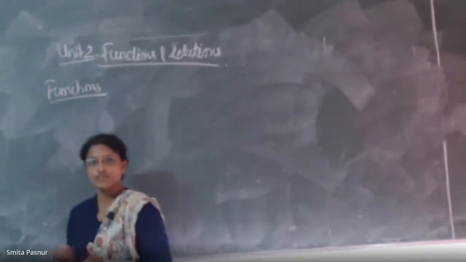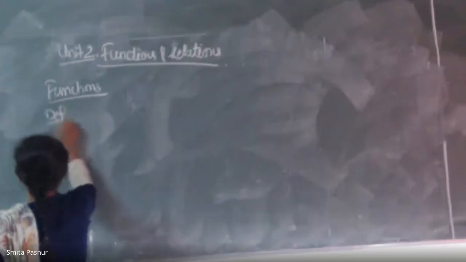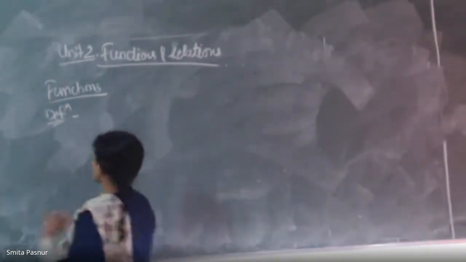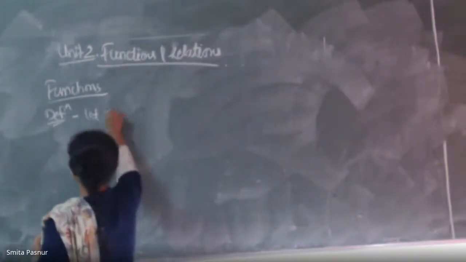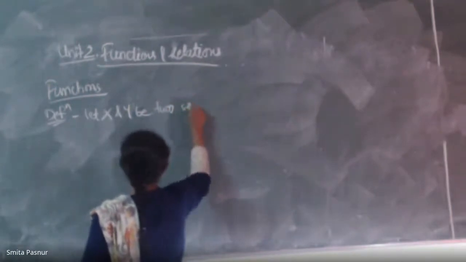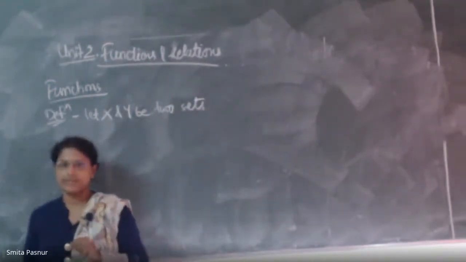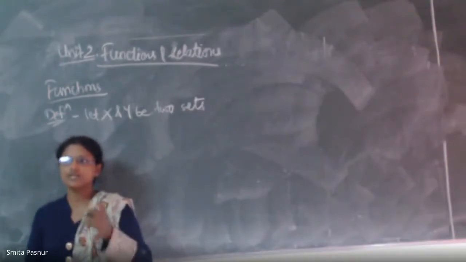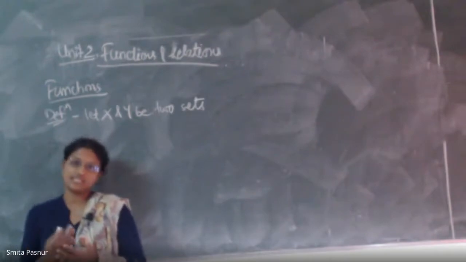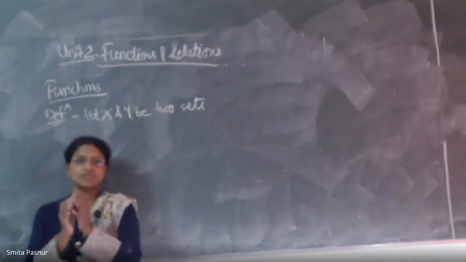So what is a function? See, the basic definition of a function is this. Suppose, let x and y be two sets. Got it? Then we have to show how the elements of x and y are related to each other.